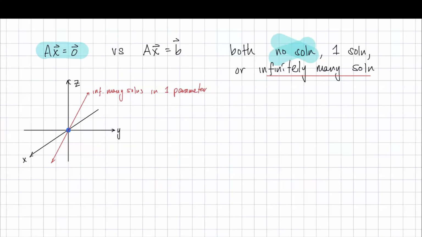But if we have two free variables, as we saw in some of our other examples, then what you're talking about is something like a plane in 3 space that also goes through the origin, contains that origin point.